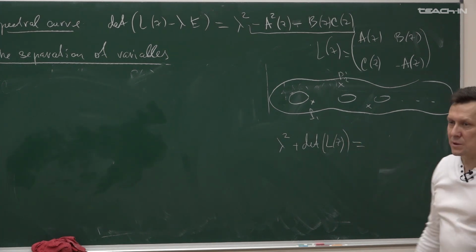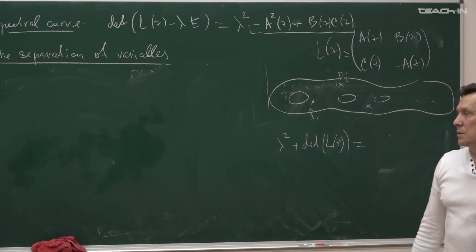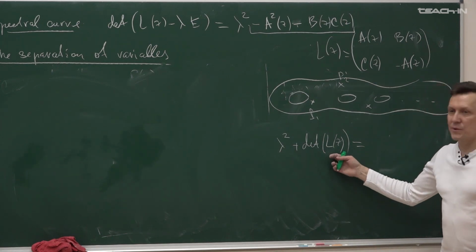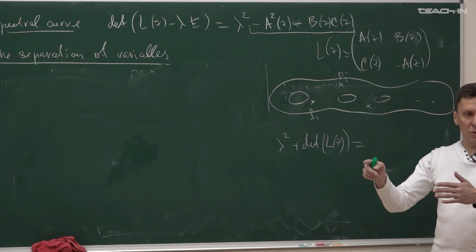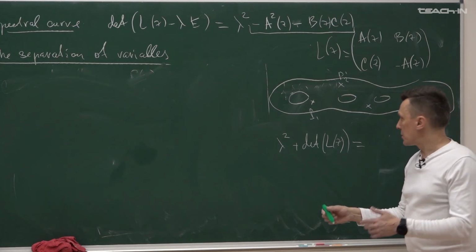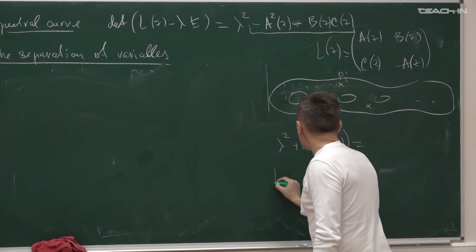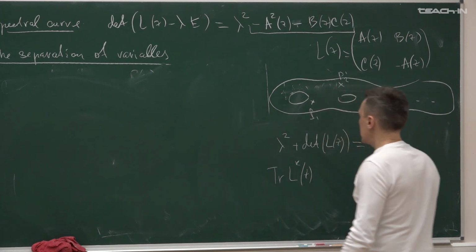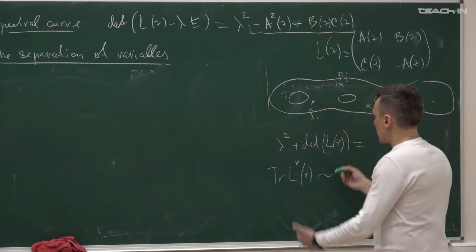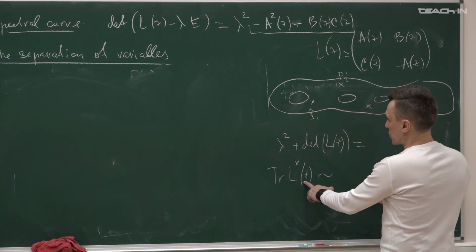If you remember how we introduced Hamiltonians, they were the spectral invariants of this matrix expanded at the poles. Remember, before we considered traces of L^k of z, and we expanded them at the poles of z.